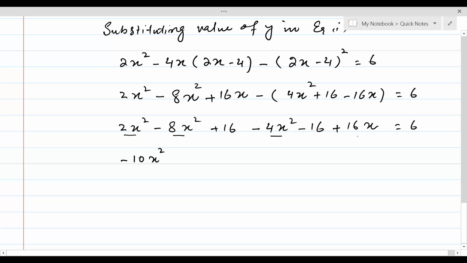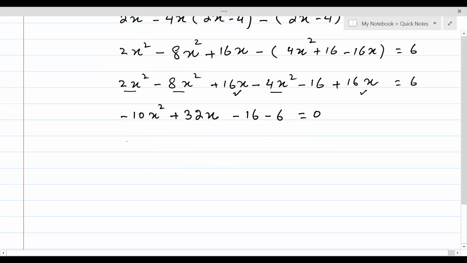Plus 16x, and take a look at any other term. Here we missed this x. This was 16x. So this 16x and this 16x will become plus 32x. And here the constant number is minus 16. Minus 16 and minus 6 when moved to the left side is equal to 0. So this is minus 10x square plus 32x minus 22 equal to 0.